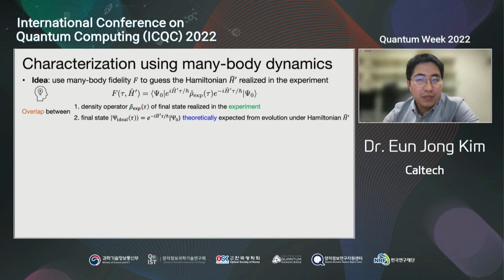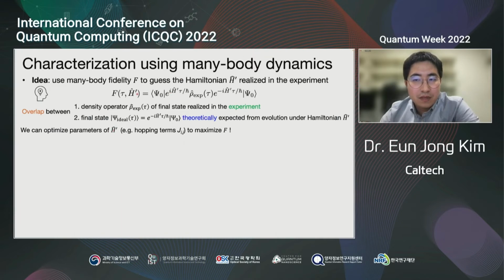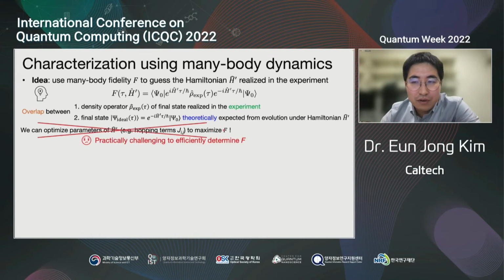Knowing this fidelity, we can in principle optimize a parameter of the guessed Hamiltonian, H prime, for example, that is parameterized by the hopping terms, to maximize the fidelity F. However, it is practically very challenging to determine F as it involves direct characterization of the density matrix through quantum state tomography, or in limited cases, a measurement of non-local observables appearing in the formal expression of F.